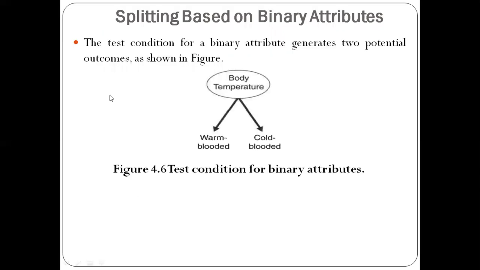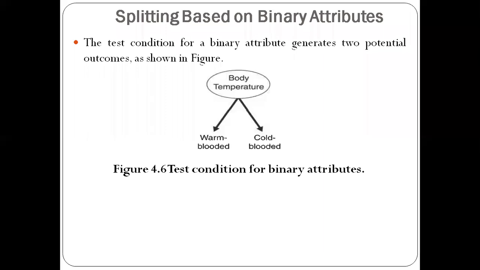First, we can split the data based on binary attributes. A binary attribute has only two possibilities, or two outcomes, so the test condition for a binary attribute can specify the outcome in only two ways.